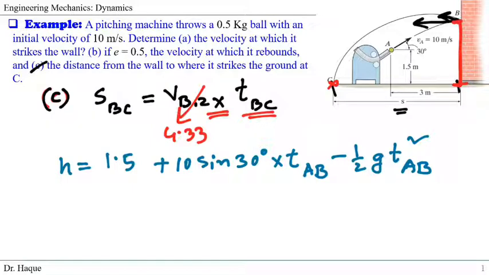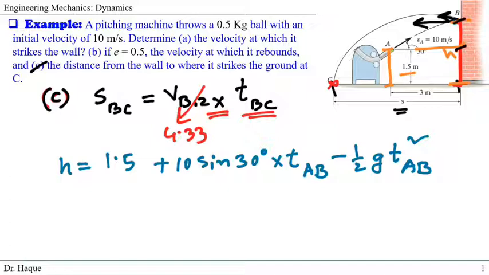So how can we find the height from the ground to B? Let's call it h. What heights do we already know? Is there any height given in the problem? Yes, the height up to point A is given, 1.5. So we have to find just this height, from this point to that point. Let me use a different color.